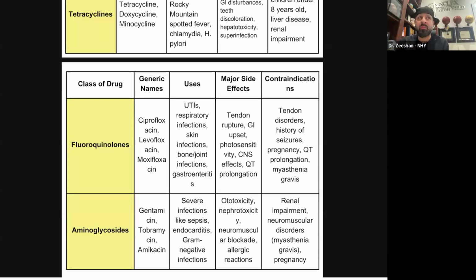The problem with this medication is that we can develop a tendon rupture. And what tendon are we concerned about that is debilitating if it ruptures? The Achilles.